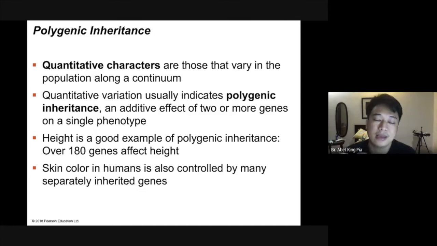Example of polygenic inheritance are height, skin color, color of the eyes, ganyan. Usually yung mga pigmentation genes are actually polygenic in nature.